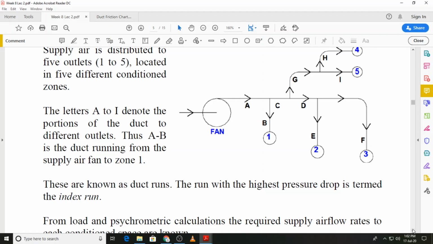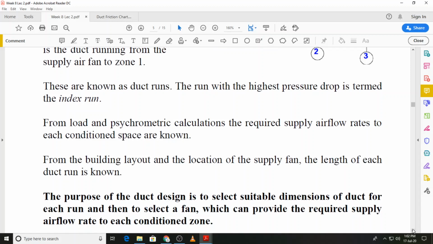Okay. So we have the load for the conditioned space. According to the load, we will know how much is the supply rate of the air required in that conditioned space, so we will know the volume flow rate. What we will also have, as I mentioned earlier, from the building layout, is the location of the supply fan, and the route or the layout of the duct runs is also known to us.